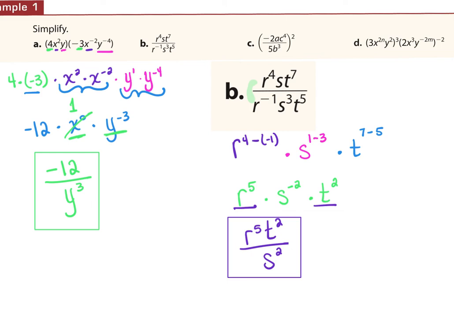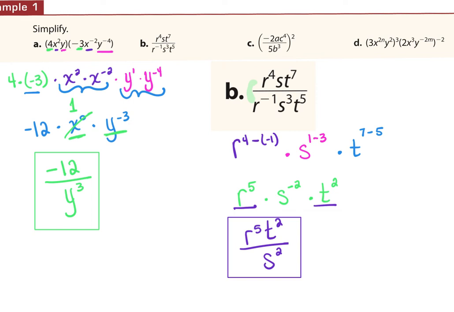Is it in the numerator or the denominator? The numerator. Where did my r end up? In the numerator. Let's look at my s. I have a 1 on top and a 3 on bottom. Which is bigger, 1 or 3? 3. Where is the s to the 3rd power? On the bottom. Where did my s end up? On the bottom. You see the pattern here?